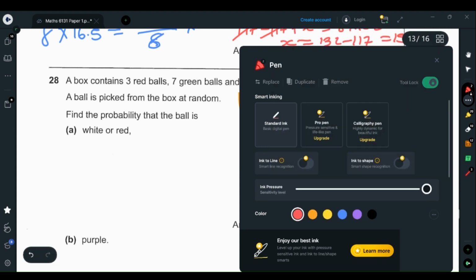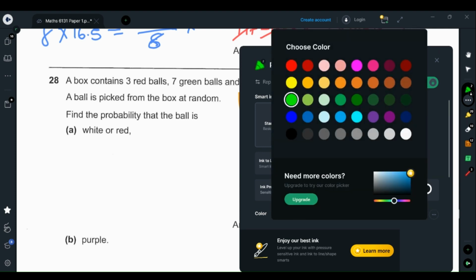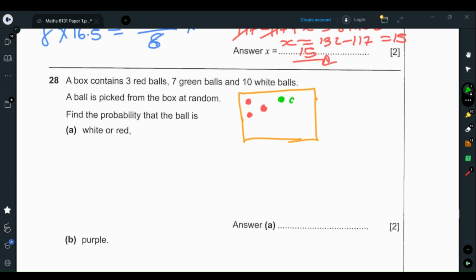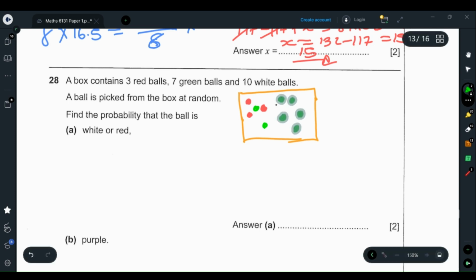Okay. See if we can get green. 1, 2, 3, 4, 5, 6, 7, and 10 white balls. Oh boy, I can't indicate 10 white balls.